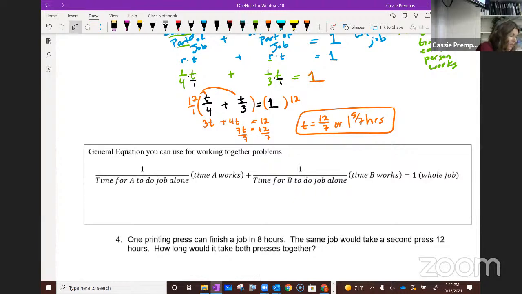Generally, when people are working together, this is how you can use the information in the problem. To find someone's rate, it's always 1 over the time it takes them to do the job alone. So this is really referencing the rate of, I called it person A. So you could say A's rate multiplied by the time person A works.